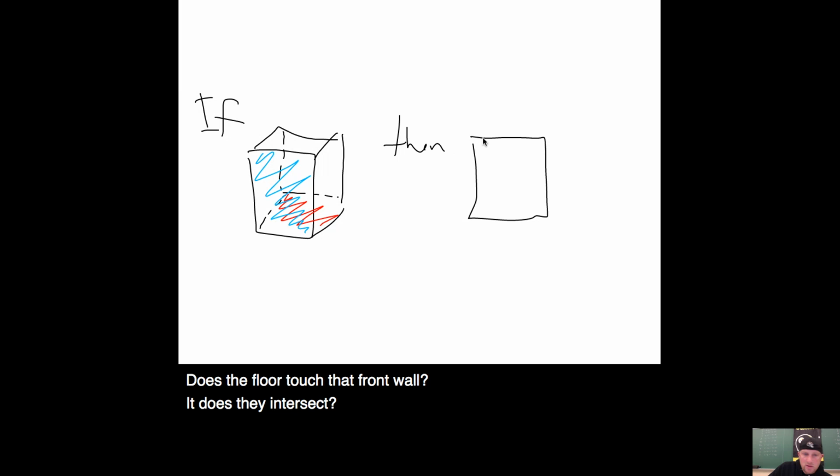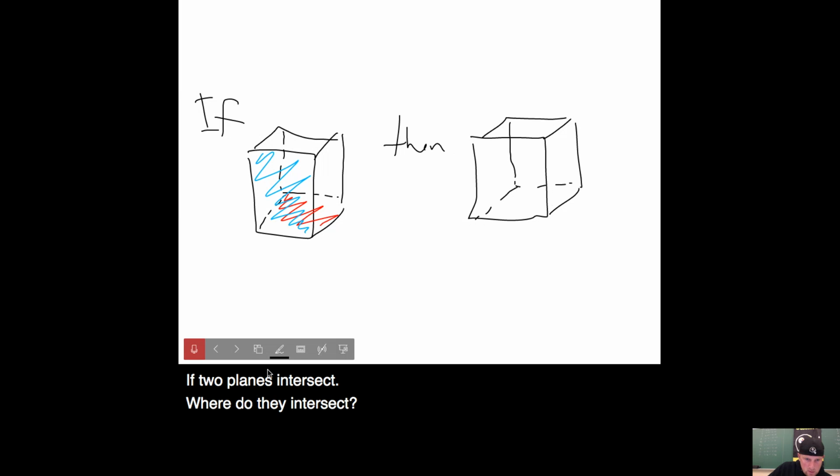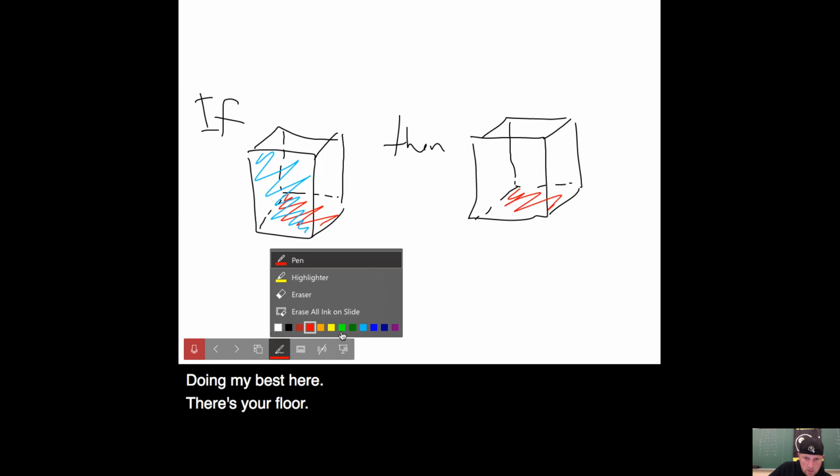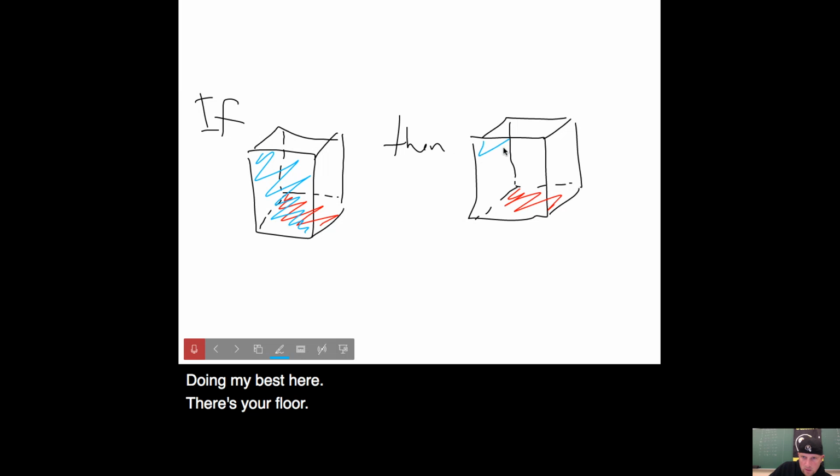Well, if 2 planes intersect, where do they intersect? Here's your floor. Here's your front wall. If 2 planes intersect, where do they?